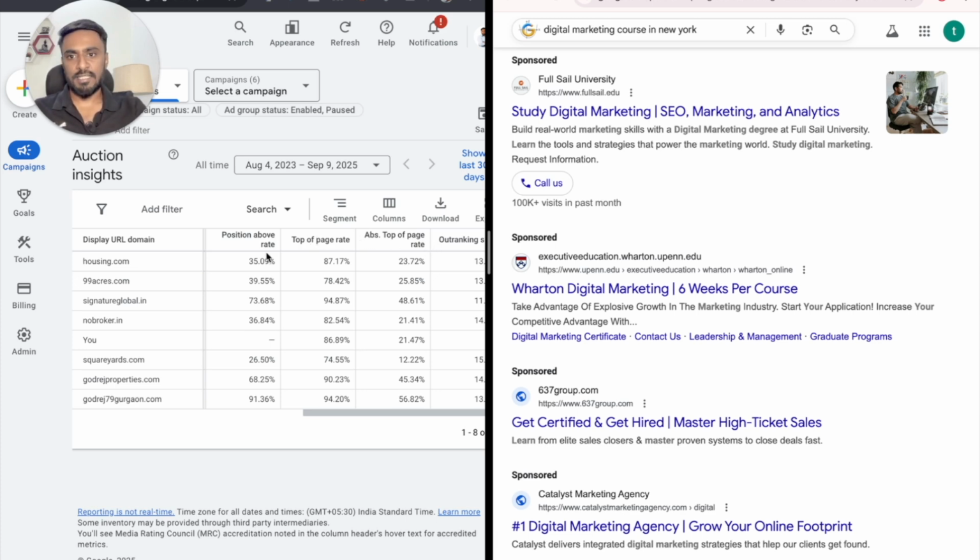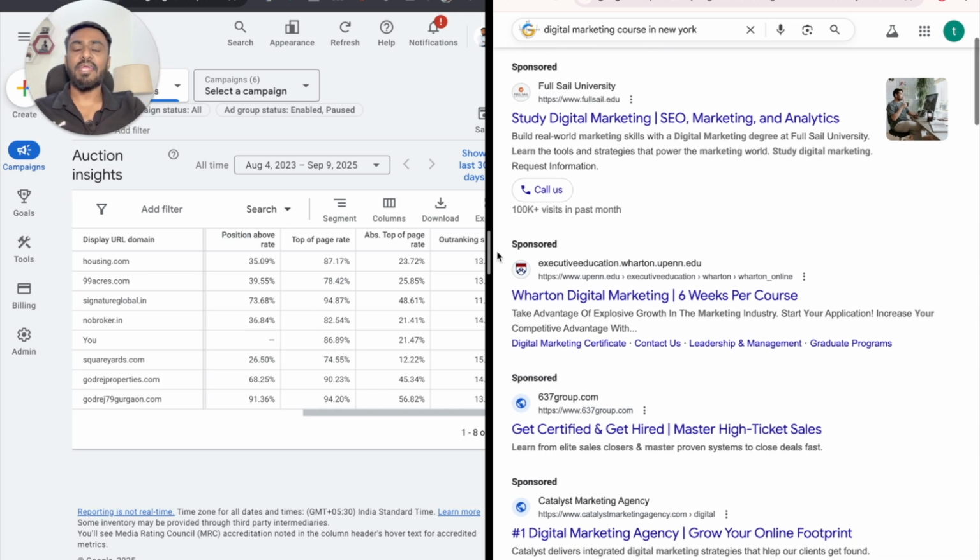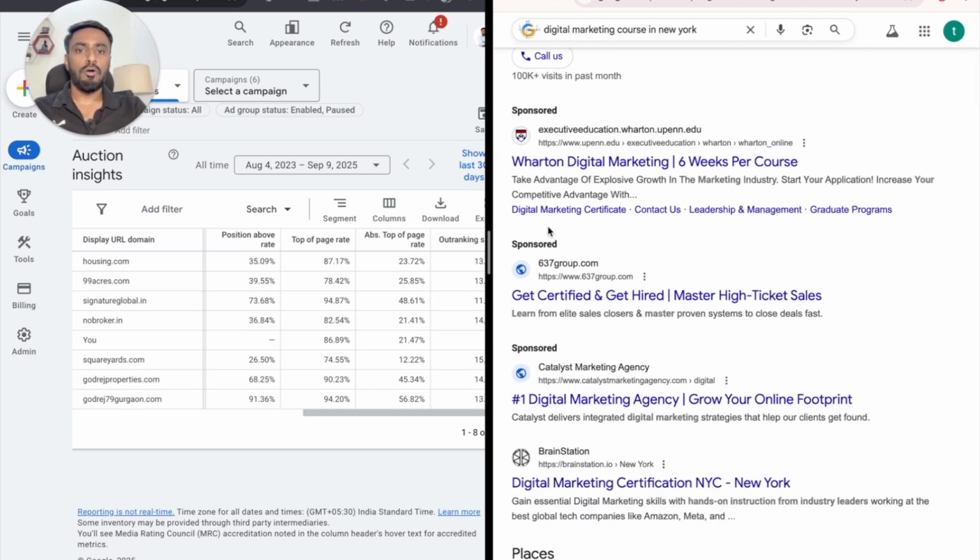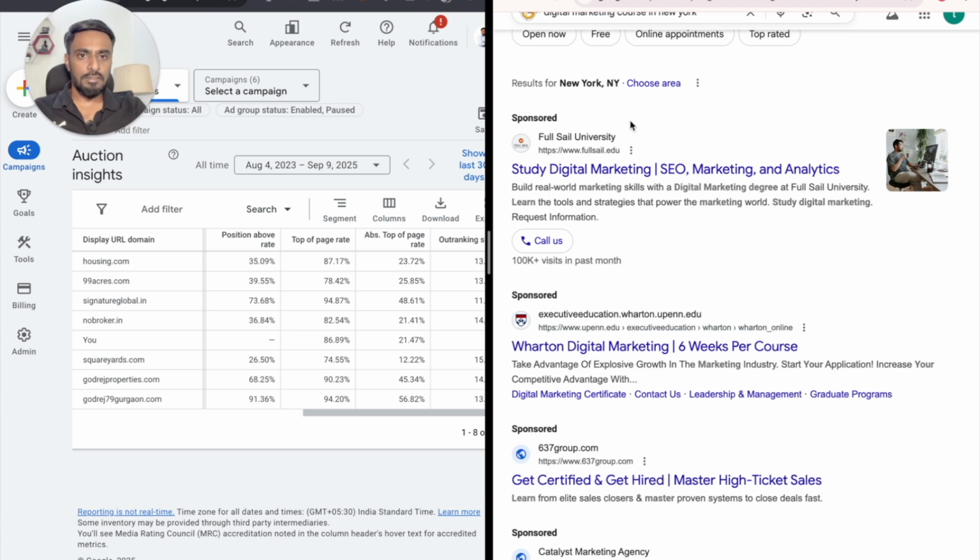First, let's understand that top of the page rate is nothing but the percentage of how many times your ad was visible in the top 4 ranking of Google.